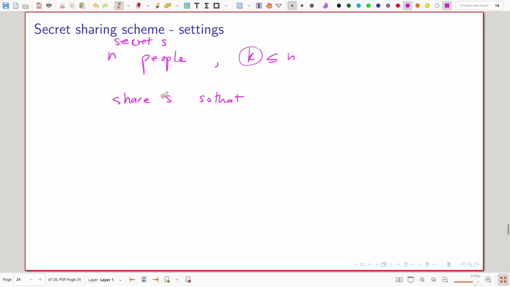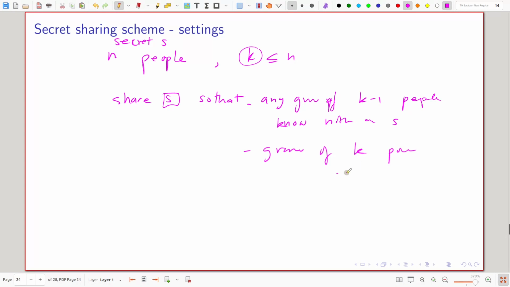So we want to share s so that any group of k minus 1 people cannot know anything about s, and any group of k people can get s back. Okay, what you do is the following.